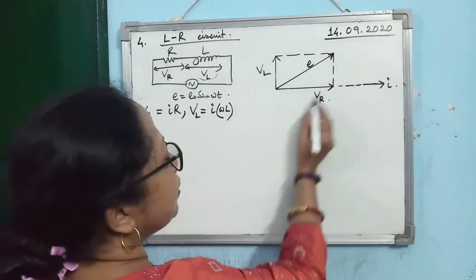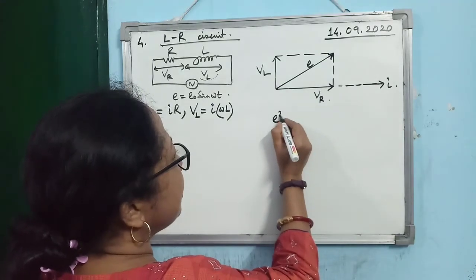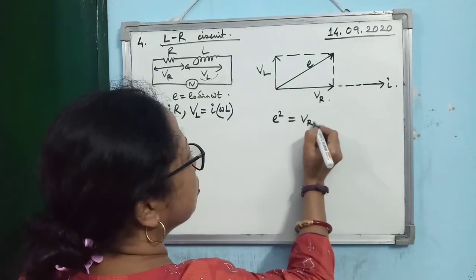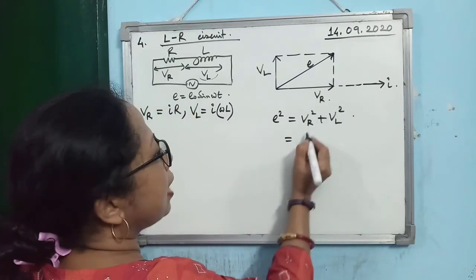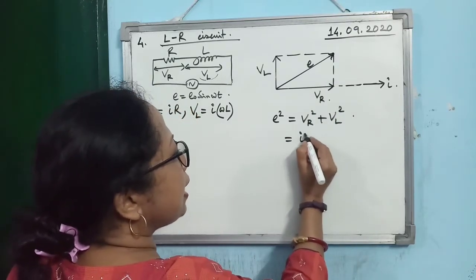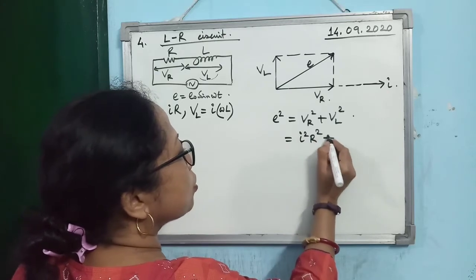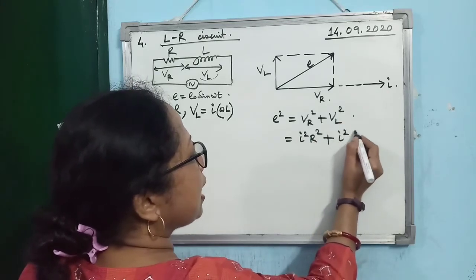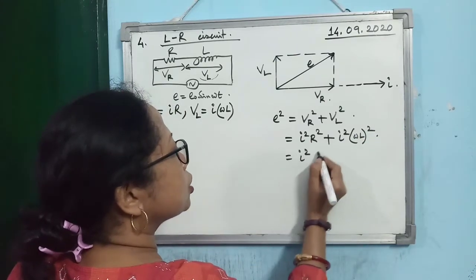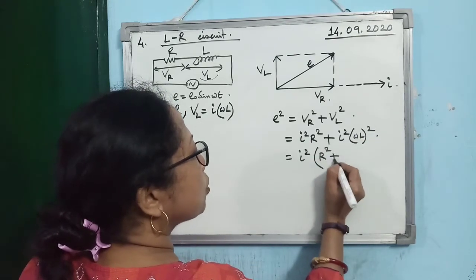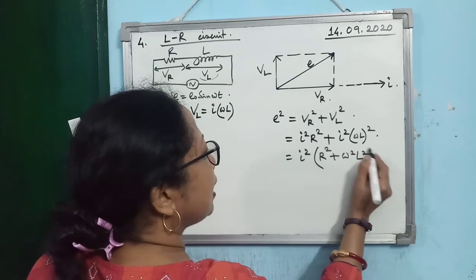From this diagram it is clear that E square is equal to VR square plus VL square. Now VR is IR, so it will be I square R square, and VL is I square omega L whole square. You can take I square common: R square plus omega square L square.